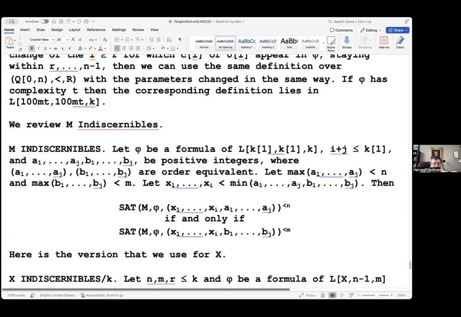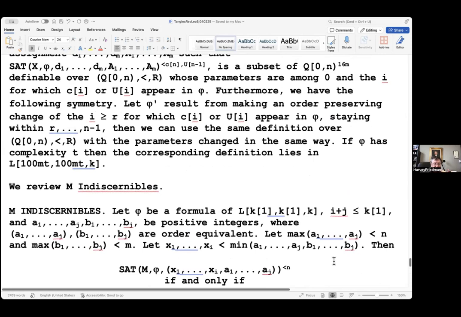Where is that? The 100 times blow up is here. When we went from formulas in X back to formulas in M, there was a blow up of 100 times, not just 100 times, but 100 times the number M, which is the arity of what we're doing.